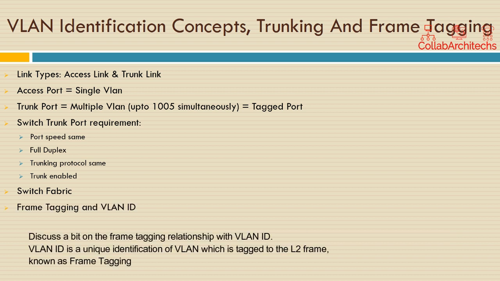Now let's discuss a bit on the frame tagging relationship with the VLAN ID. VLAN ID is a unique identification of a VLAN which is tagged to the layer 2 frame, known as frame tagging.